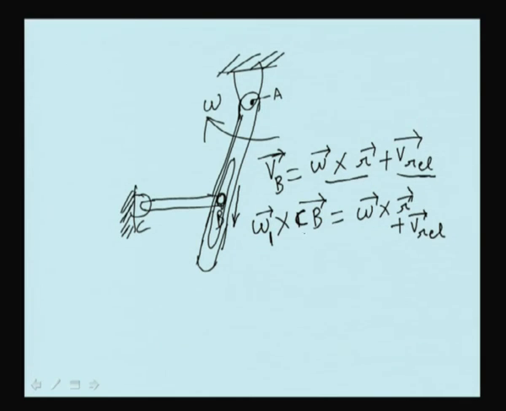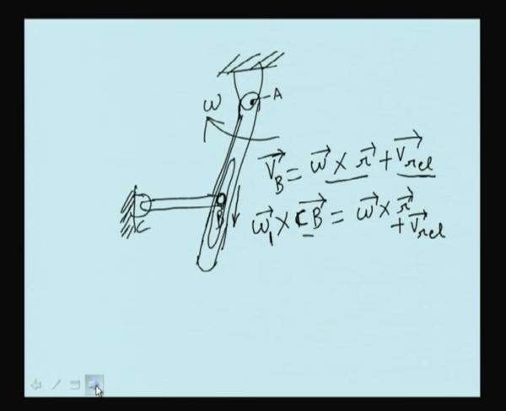You can express these in component form and get two equations, and there are two unknowns in this problem: omega 1 and the magnitude of VL. So that type of problem can be solved.